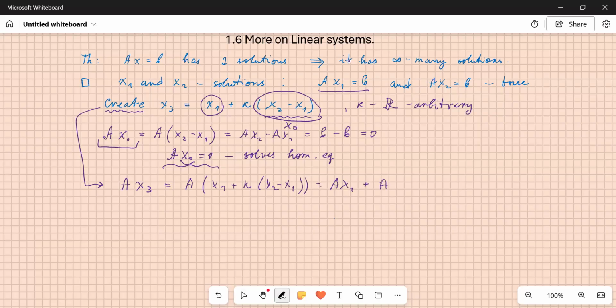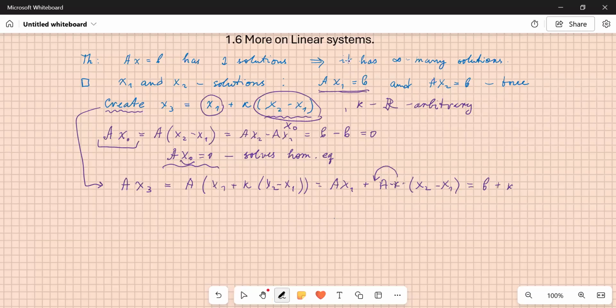I'm sorry, my handwriting is not looking very nice. This is because I'm writing across, standing at the monitor. So I know that Ax1 from over here is equal to b. I know that I can take a constant outside of the product of the matrix because k is a scalar.